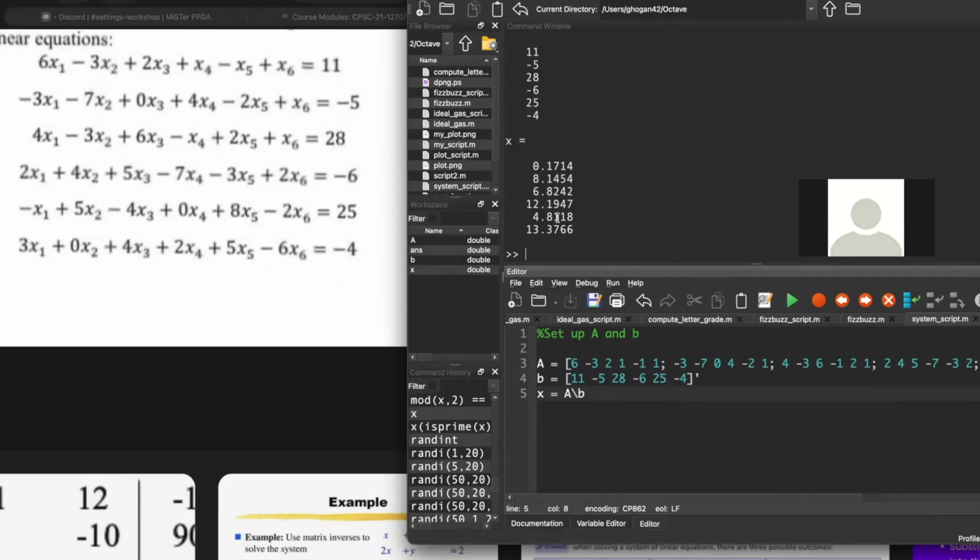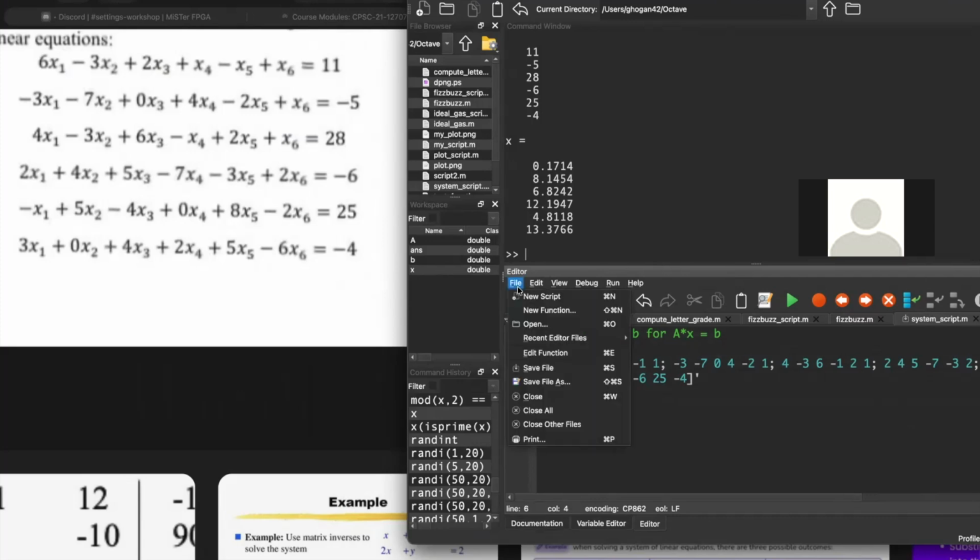You can also double check that it is the solution, which we didn't talk about previously. Remember that the original equation is, we set up the A and the B for A times x is supposed to equal B. So just to double check, you can do A times x and make sure that it comes out to be 11, -5, 28, -6, 25, -4.